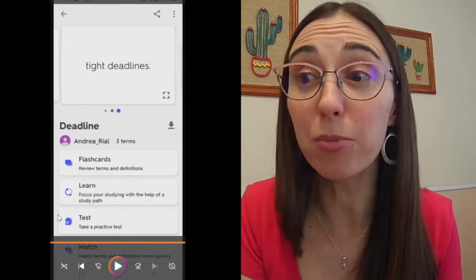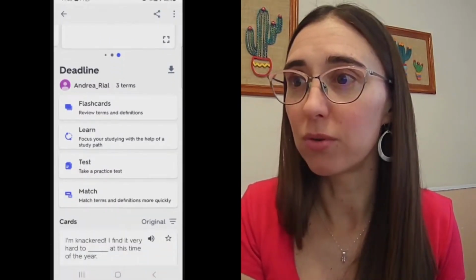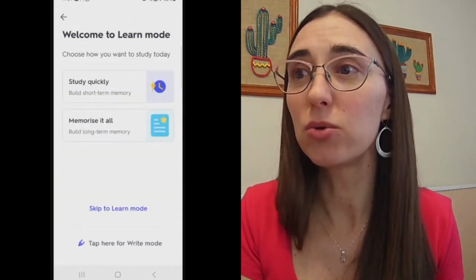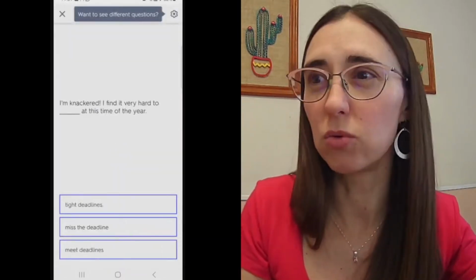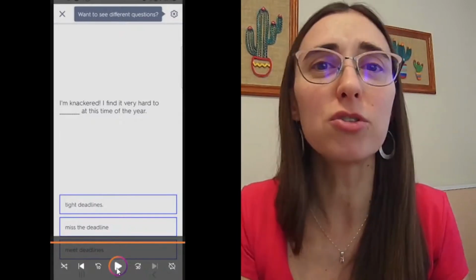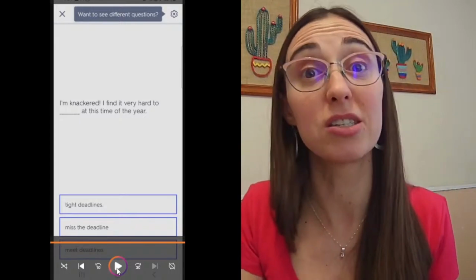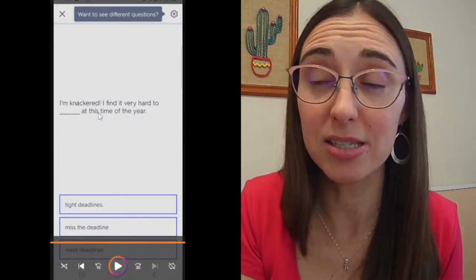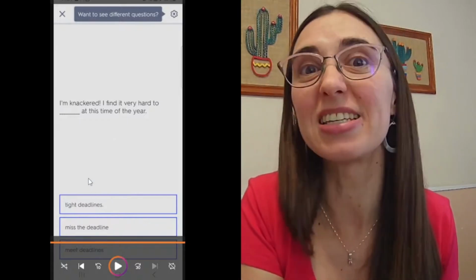This is what you can do if you click on these sections where it says flashcards. But then you have other possibilities. Learn is the one I'm going to show you right now, okay? In that case, you're going to have these two possibilities to practice for short-term memory, long-term memory. You can just click on one and then on another one to see the difference. But in this case, you're going to get your example sentence and all the possibilities that you have in that group, in that study set.